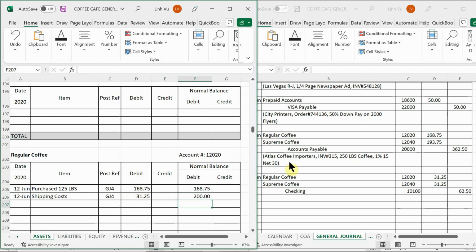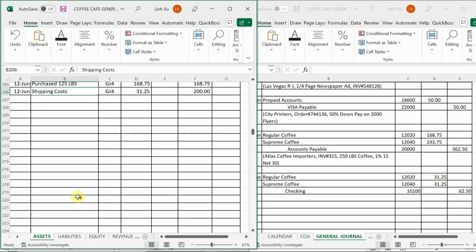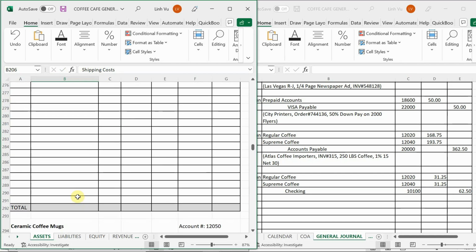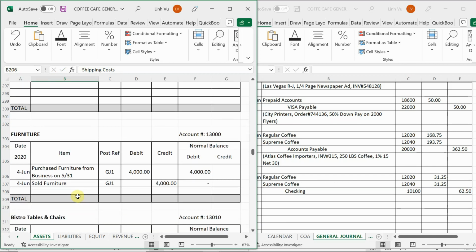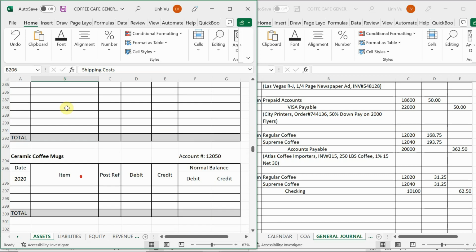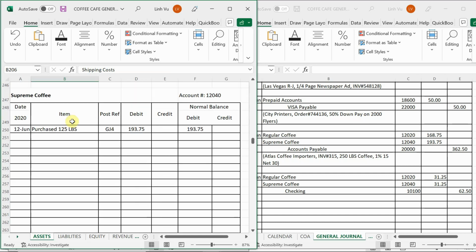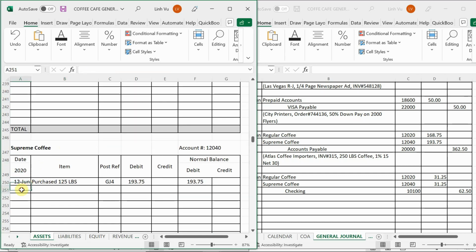I also need to now update my supreme coffee. Today's the 12th. We got shipping cost, General Journal page 4 for $31.25.